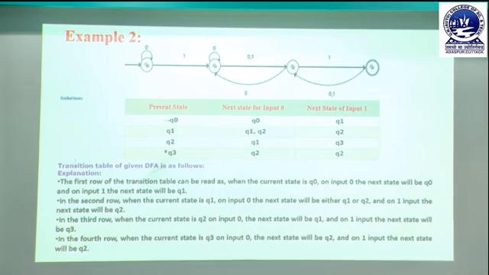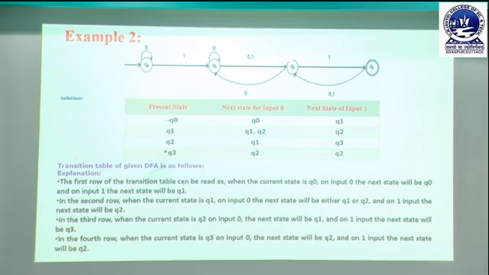Whenever the user puts 0, it is mentioned as Q1, which is already located here. Whenever the user puts another 0, which is mentioned here, then we are getting Q2, which is already written here. That means when 0 is input in the Q1 state, we can get another two states known as Q1 or Q2. Similarly, whenever the user puts another input symbol 1, then we can create Q2, that is known as a new state, which is mentioned in this column.